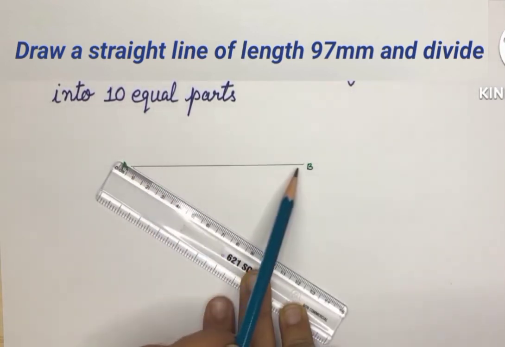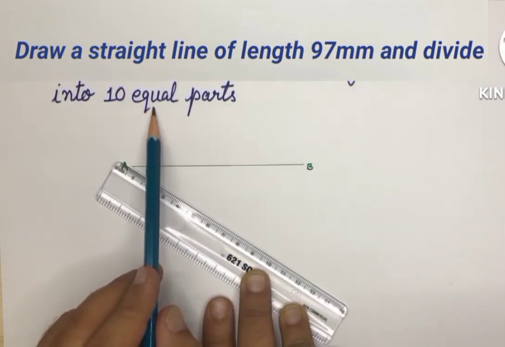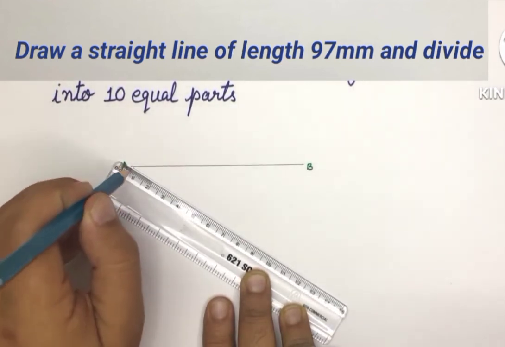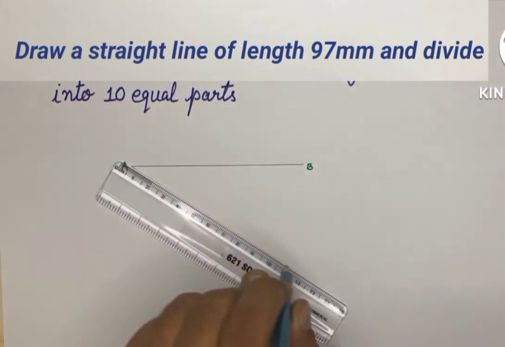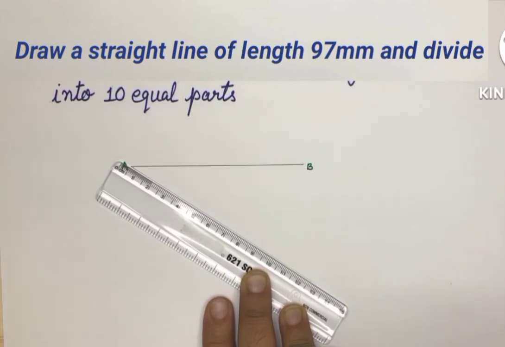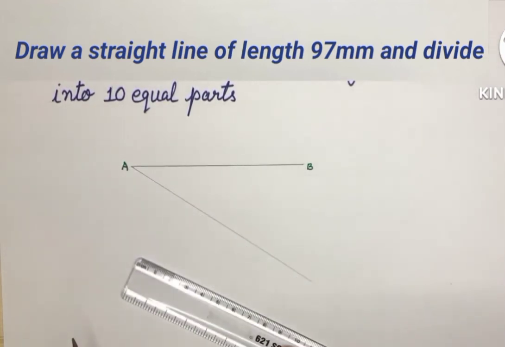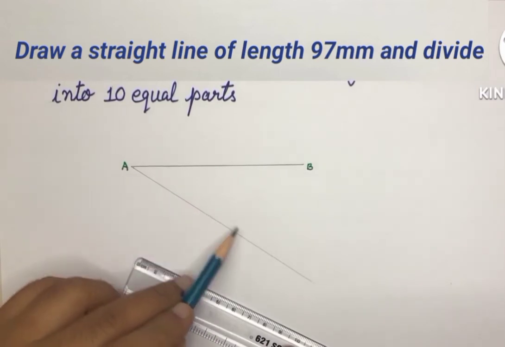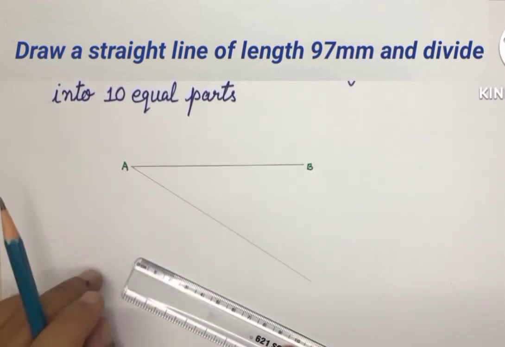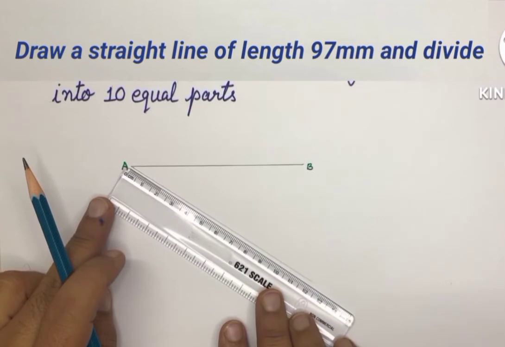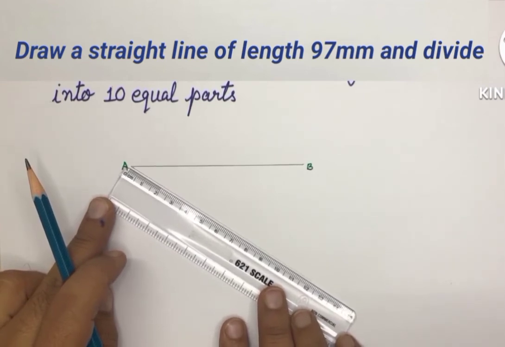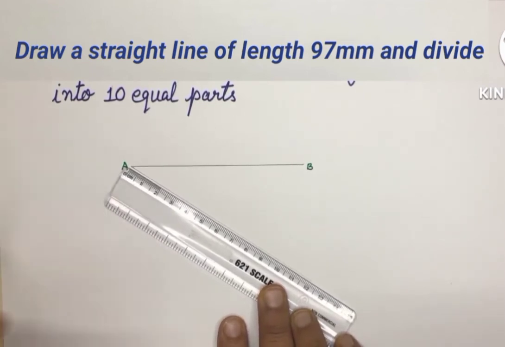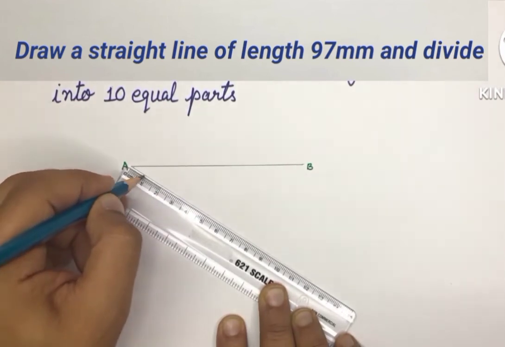To divide line AB into 10 equal parts, we will draw a straight line from point A at any inclination. Now we will mark 10 equidistant points on this line. Let's take 10 points all equidistant at 1 centimeter each.